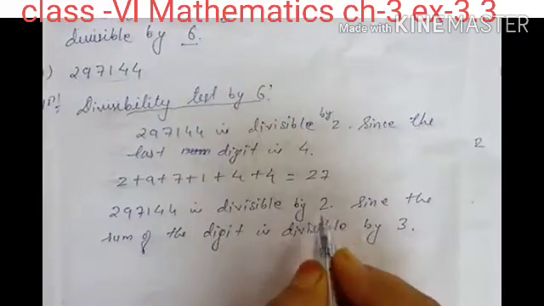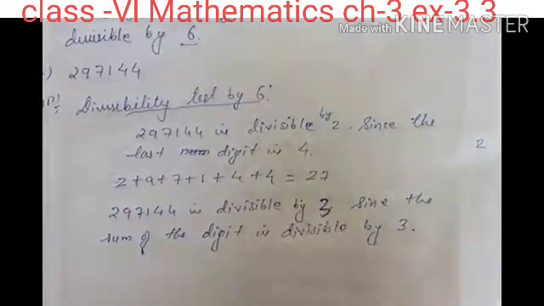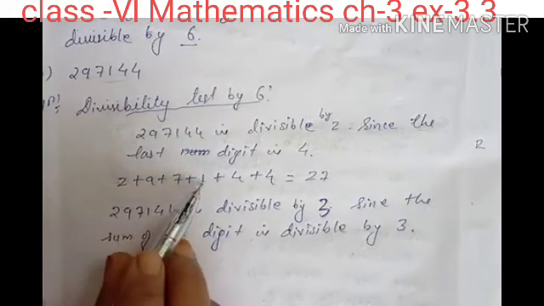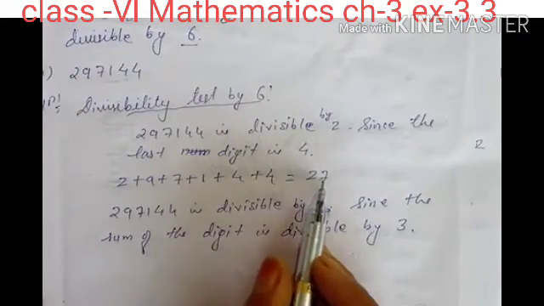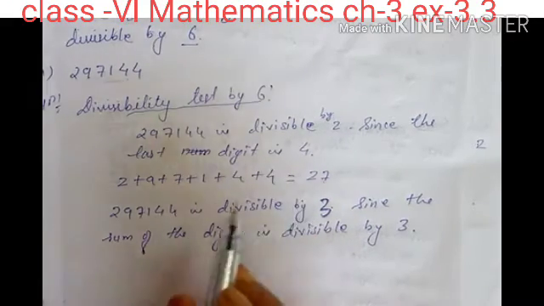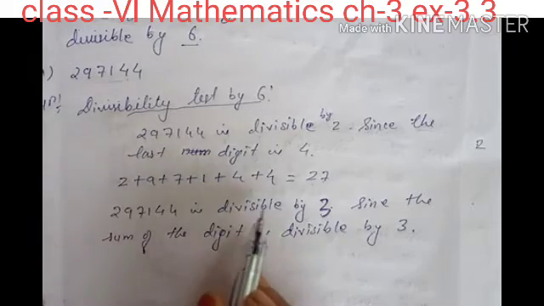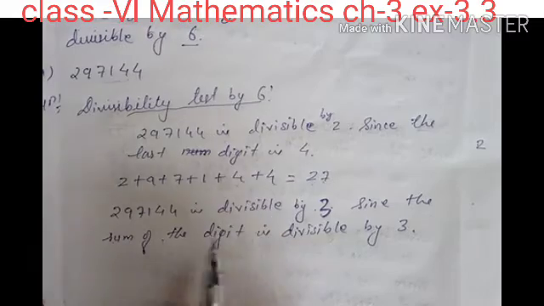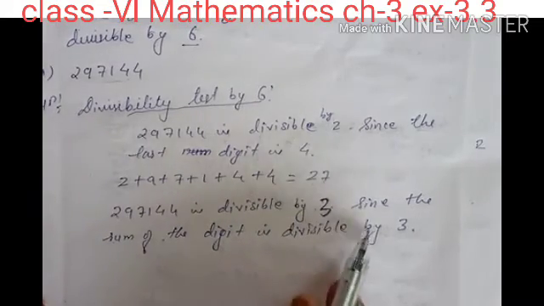Oh, sorry, here you will write 3. Now you can see 2 plus 9 plus 7 plus 1 plus 4 plus 4, how much you got? 27. Now you can say that 27 is divisible by 3. So what you will write? This whole number is divisible by 3, since the sum of the digits is divisible by 3.